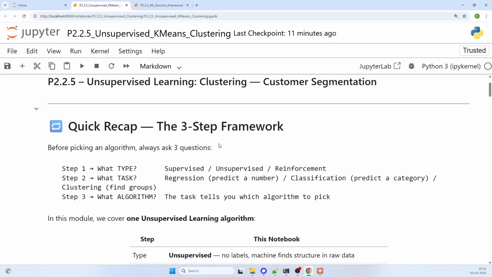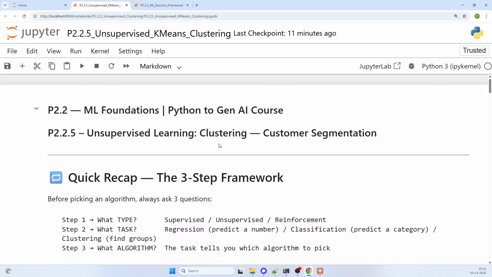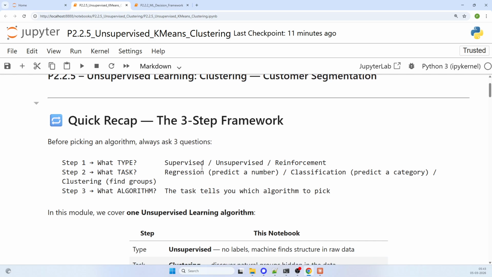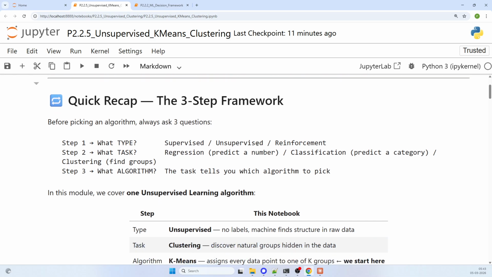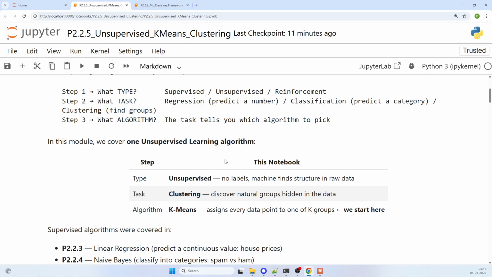We are solving a customer segmentation problem. That falls under unsupervised because we don't have an output label. And second, it comes under clustering because I want to group the customers. The algorithm I will be using is the k-means algorithm. Why, I will explain shortly.